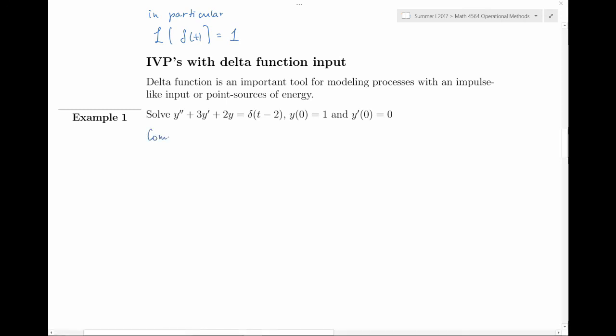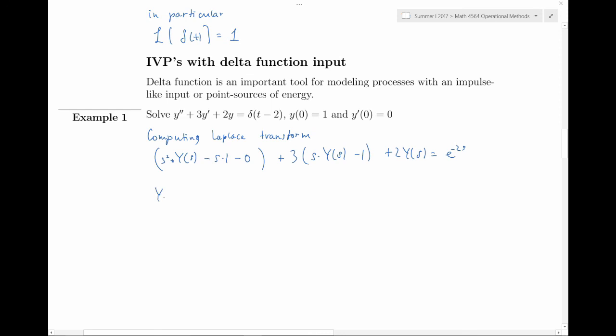So if we compute Laplace transforms, we get that s squared times y of s minus s times 1 minus 0 plus 3 times s times y of s minus 1 plus 2 times y of s should be the Laplace transform of the delta function t minus 2, which is e to the minus 2s.